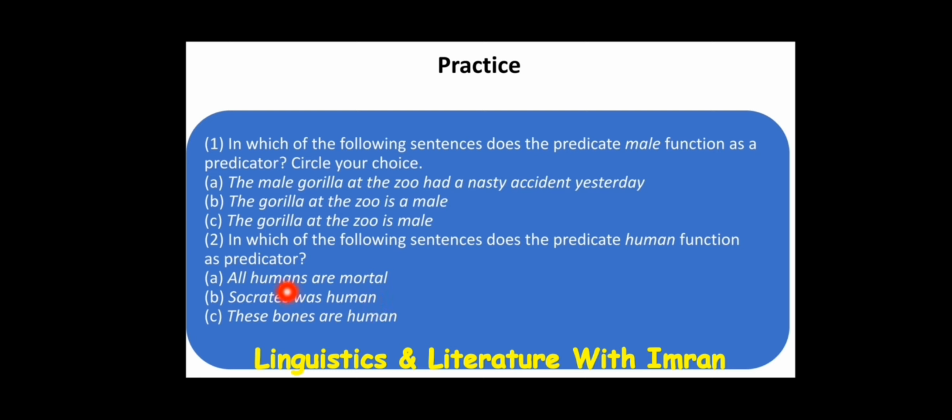And in the first example, human is a predicate, but it is not a predicator. Here we have mortal, which is the predicator.